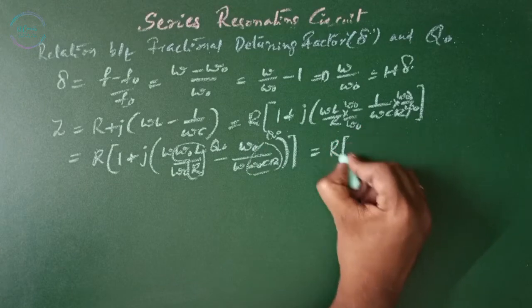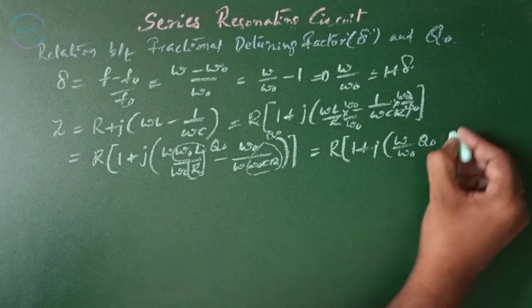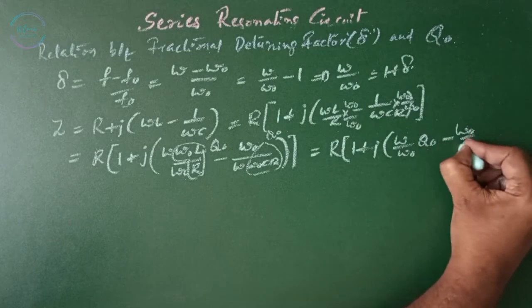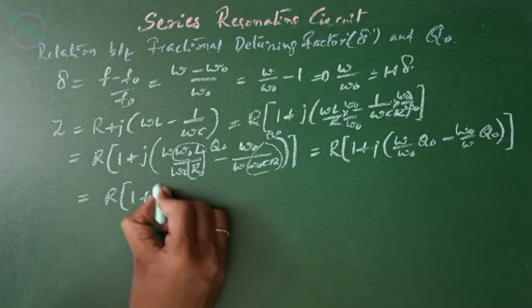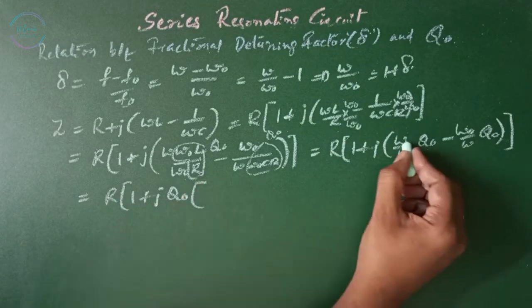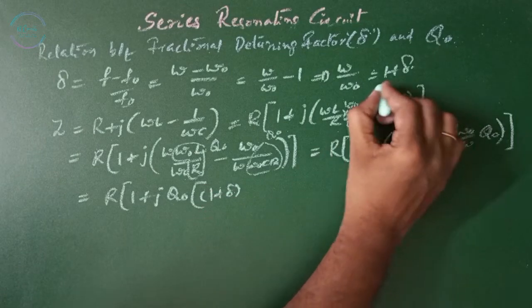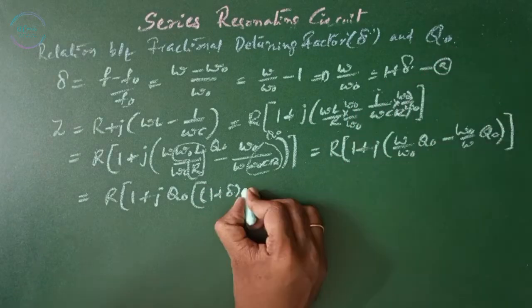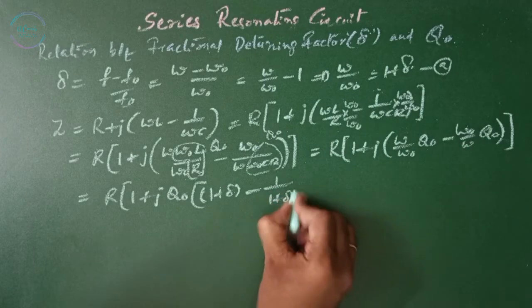And R of 1 plus j of omega divided by omega naught times Q naught minus omega naught divided by omega times Q naught. You can take Q naught outside: 1 plus j Q naught of omega by omega naught, which is nothing but 1 plus delta from this, minus omega naught divided by omega, so 1 by 1 plus delta.